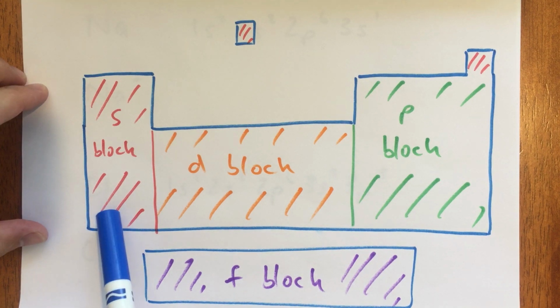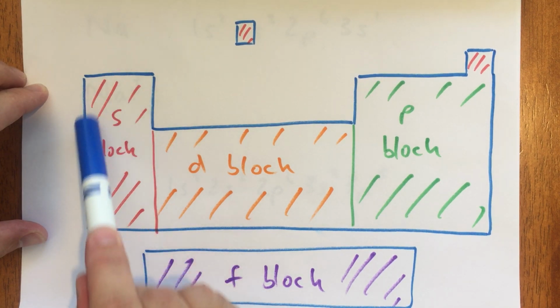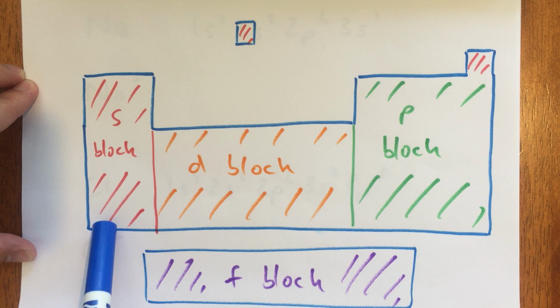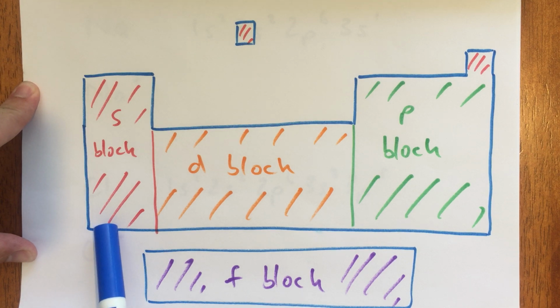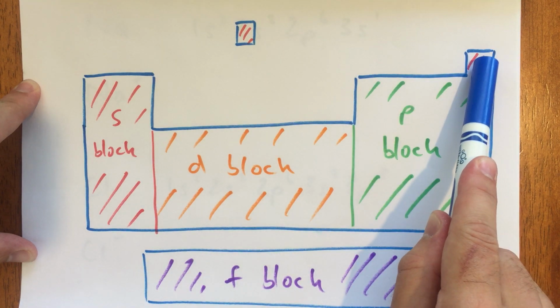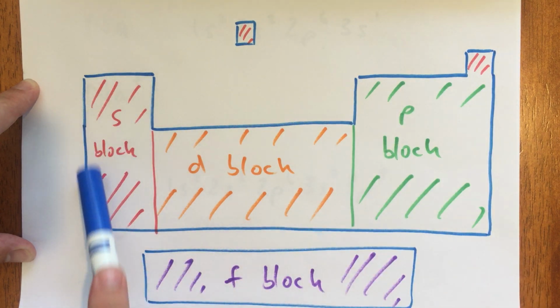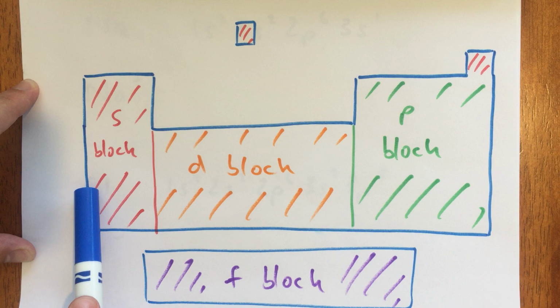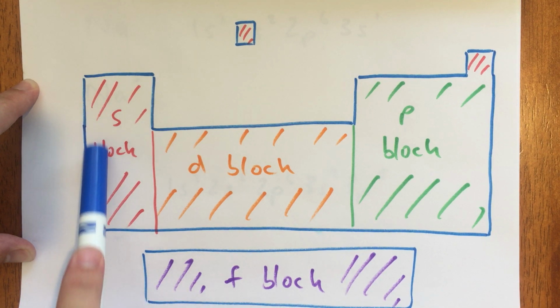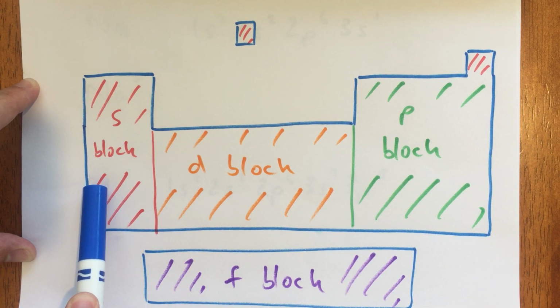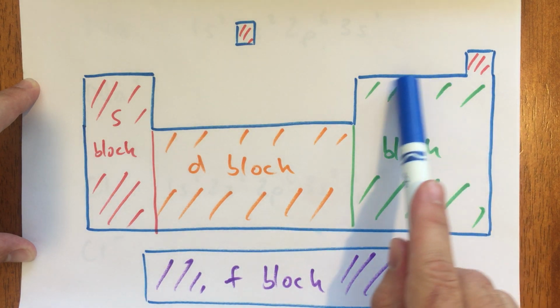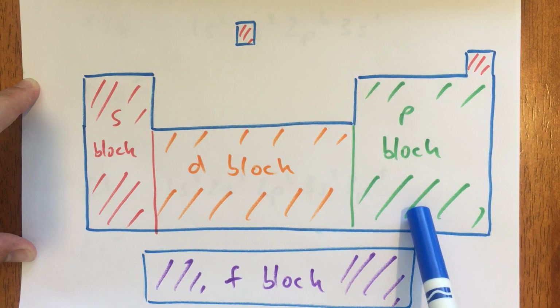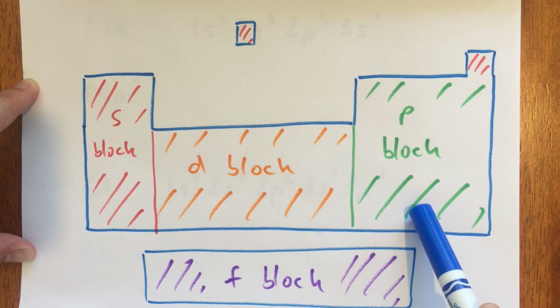Now all of the elements that are in this red section here, their valence electron will be in an S subshell. That S block also includes hydrogen and helium. So any of the elements in here, for example sodium, potassium, rubidium, they all have their valence electron in an S subshell. All of these ones over here in the green block have their valence electrons in a P subshell.